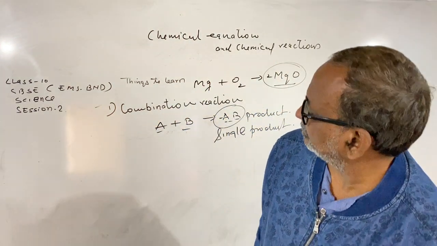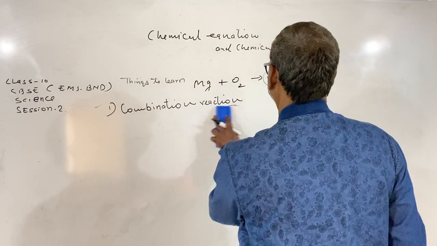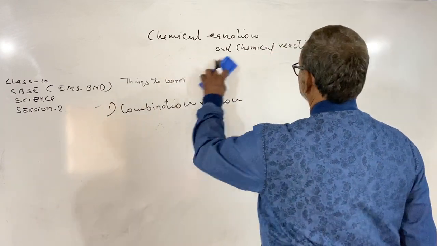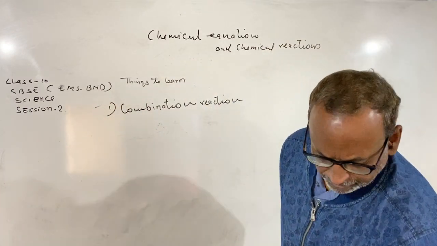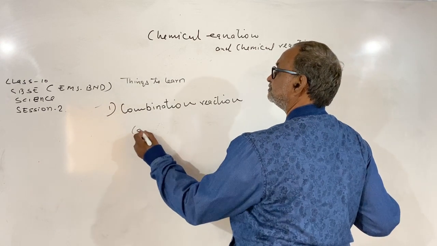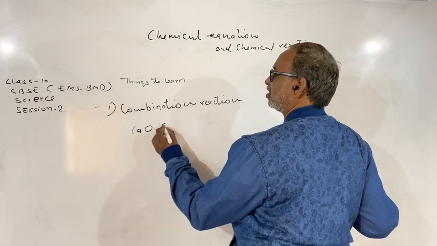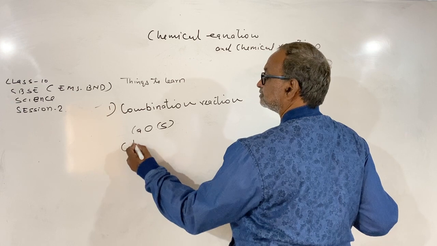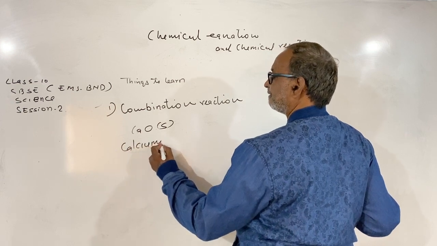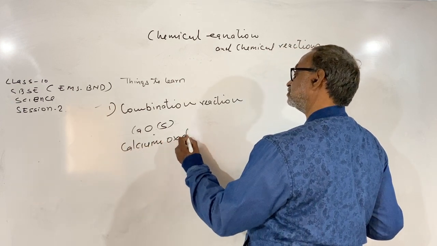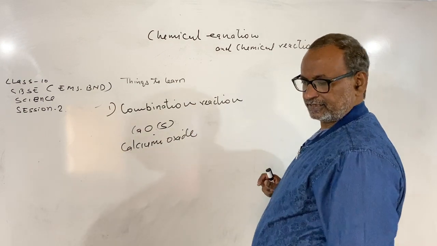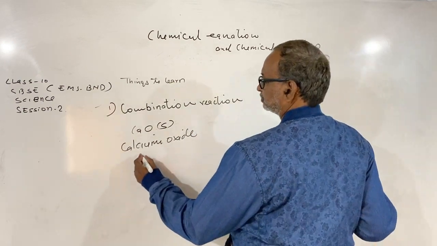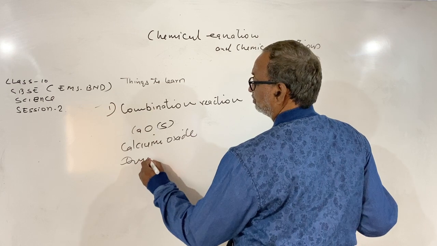Let's see a few examples to understand. Quicklime, calcium oxide. It is also known as quicklime.